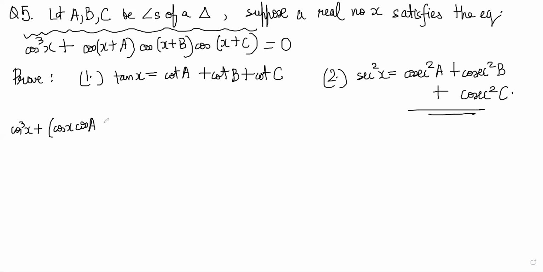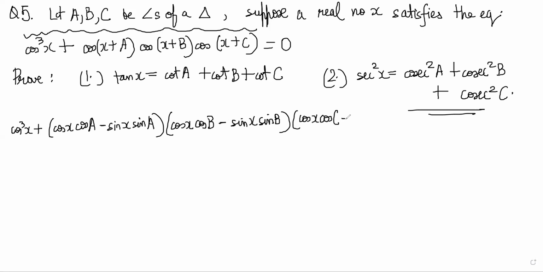Cos x cos a minus sin x sin a, multiplied by cos x cos b minus sin x sin b, and cos x cos c minus sin x sin c, equal to 0.